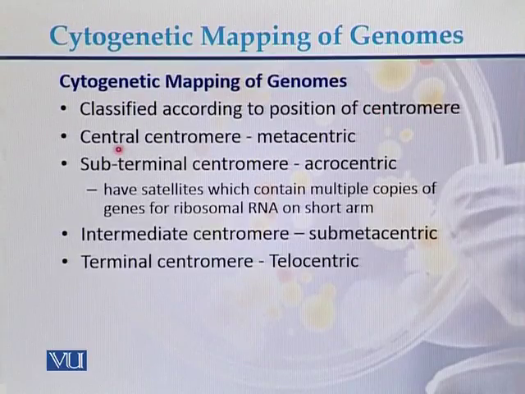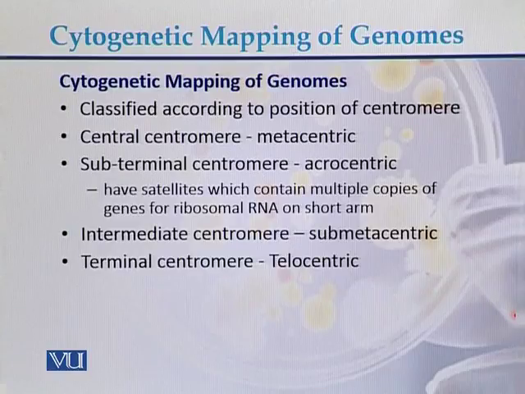centromere. Chromosomes can be metacentric, where there is a central centromere. They can be acrocentric, where there is a subterminal centromere. They can be submetacentric, where there is an intermediate centromere. While they can also be telocentric, where there is a terminal centromere.